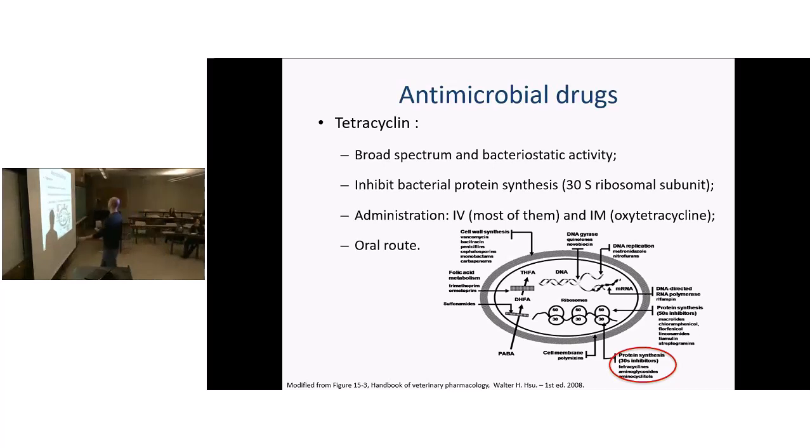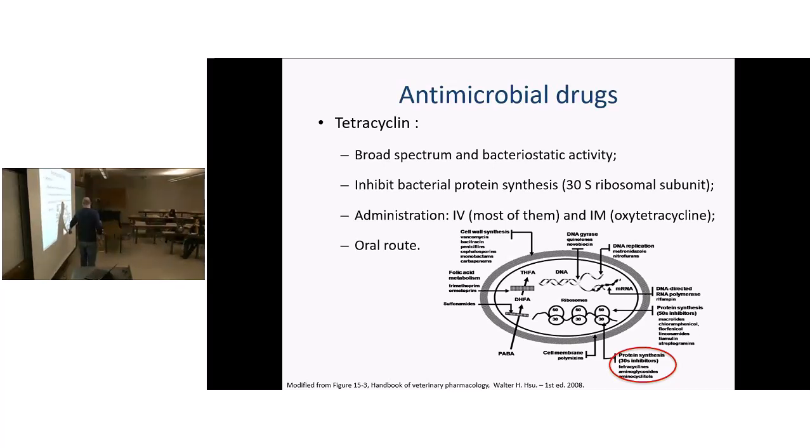So what they tend to do is they interfere with the connection between the ribosomal RNA and the transfer RNA. So they don't allow the amino acids to bind together and form a protein. So that's how they basically do this.